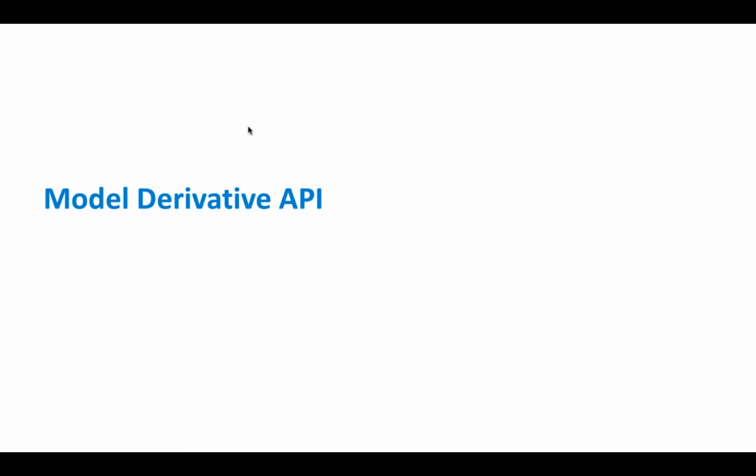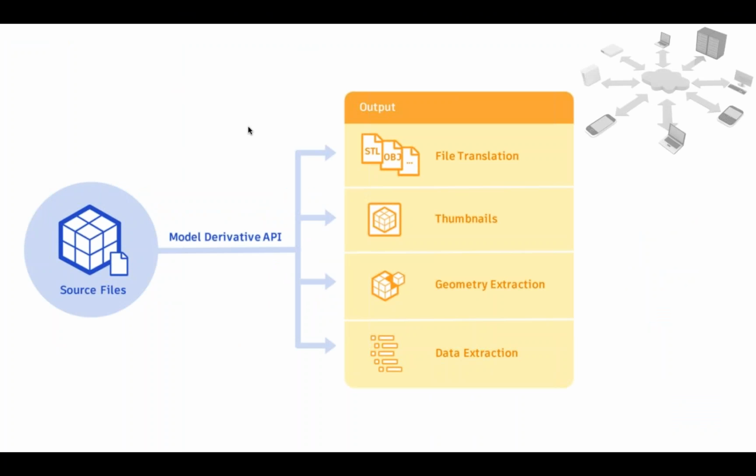Let's switch now to the model derivative API. The model derivative API is a web service that allows you to go from design data and does several things. It lets you translate the file, that's the word we use, to extract the data to another format.